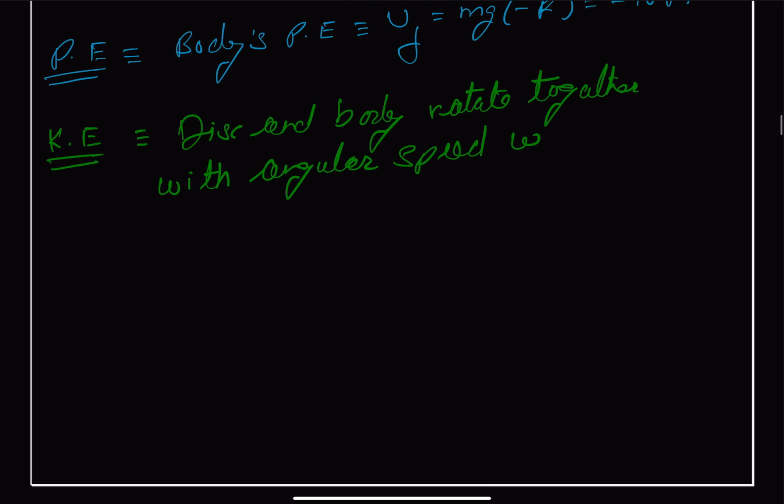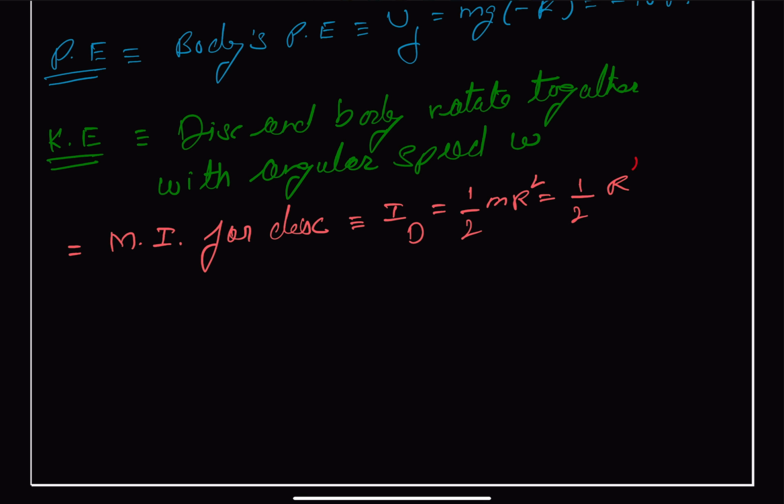So moment of inertia will come into the picture, and therefore we can write that moment of inertia for the disk, let us call this as ID, will be equal to half m r square, and mass is 1 kg, so this comes as half r square.